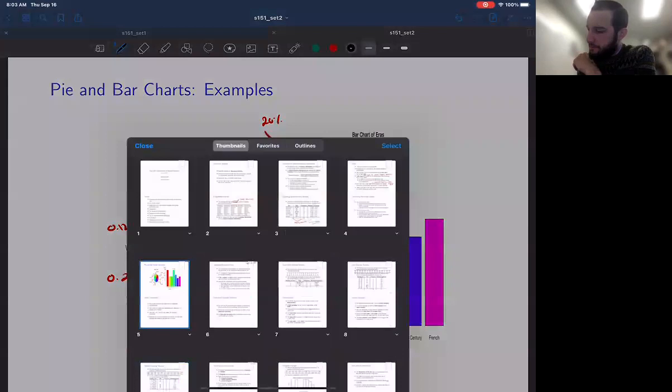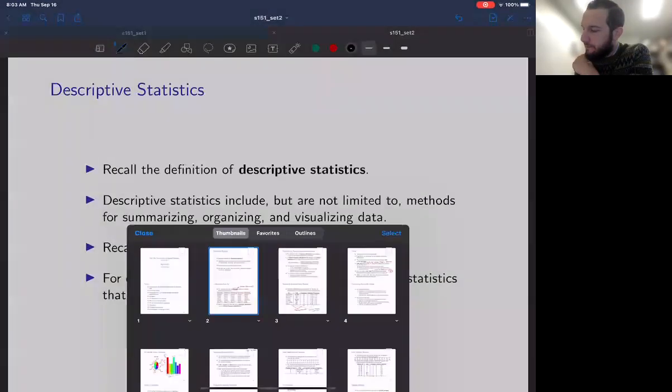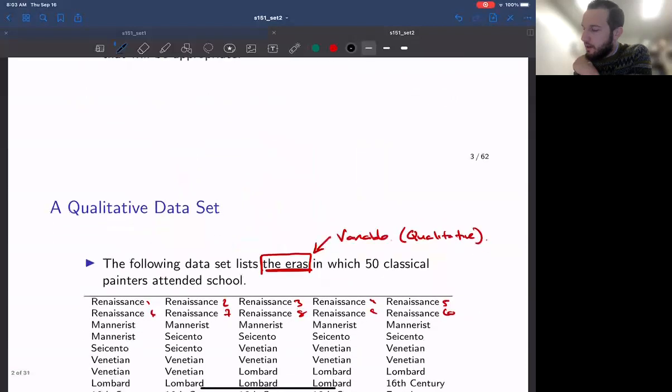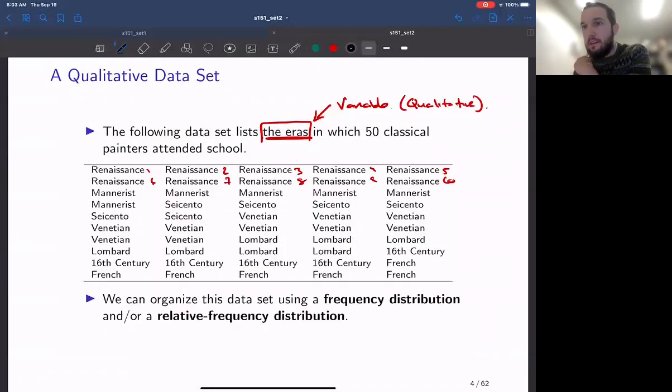As a reminder, a qualitative data set is one in which the variable of interest is non-numeric, so a label or a classification of some kind. In this particular instance, our data set has one variable, which is the era in which these classical painters went to school. Essentially what we are doing is organizing and visualizing this variable using the 50 observations that we have in front of us.